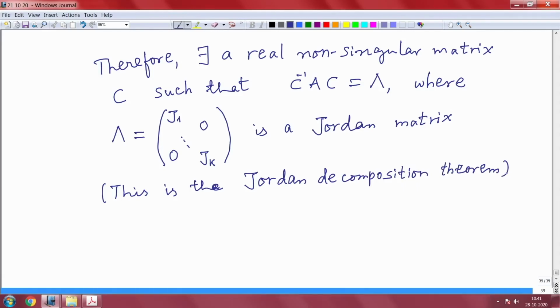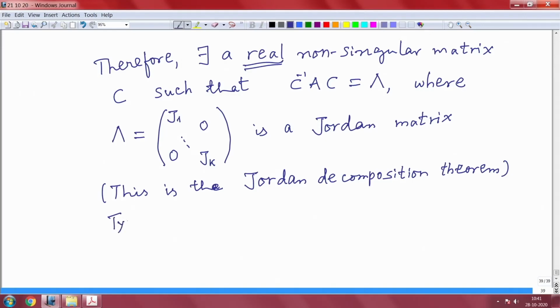So, it is important that with the assumption that A has only real eigenvalues, we are going to get a real non-singular matrix. That is important for us, because we are looking only for the real solutions. Okay. So, this J1, J2, Jk are Jordan blocks.